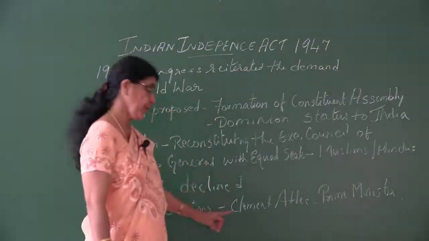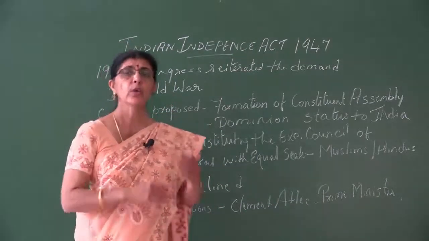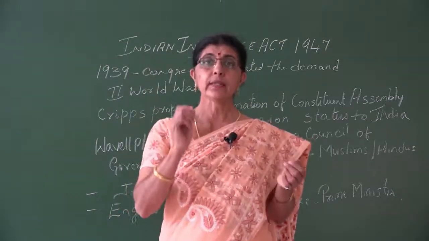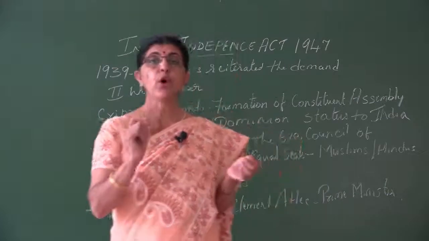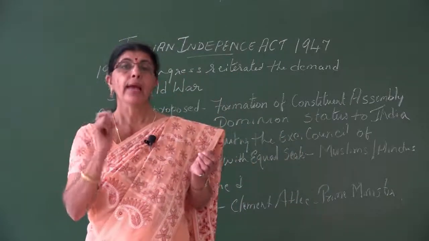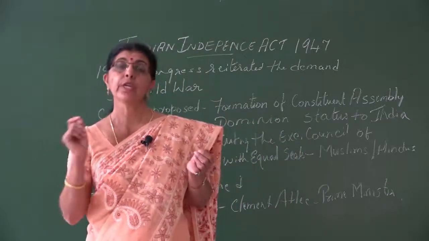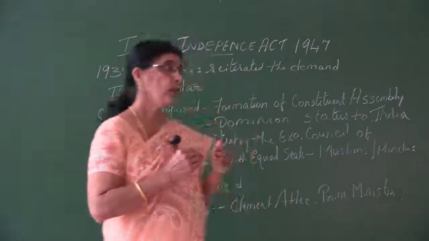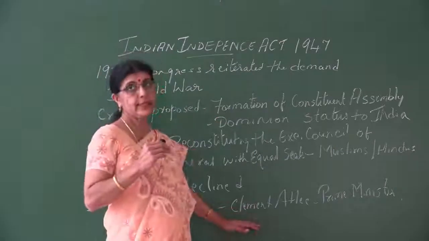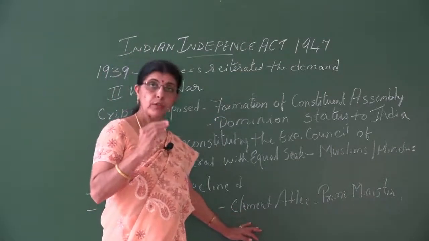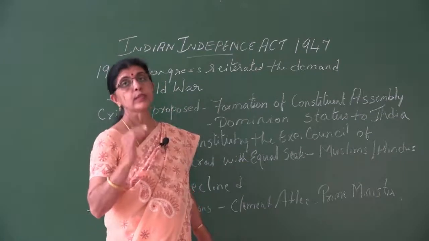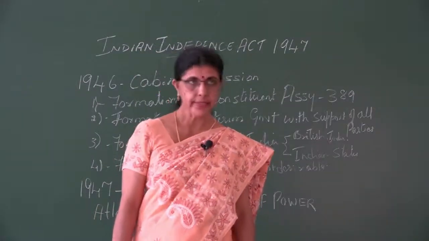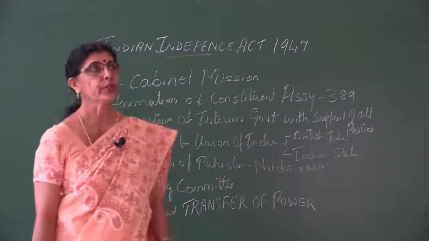When he became the Prime Minister, he specifically said Indians have a right to form a constituent assembly and frame a constitution much before independence. So he realized the value of providing the Indians the freedom to form a constituent assembly and then to frame a constitution. This was an earnest decision by Attlee to solve the problem of the Indians.